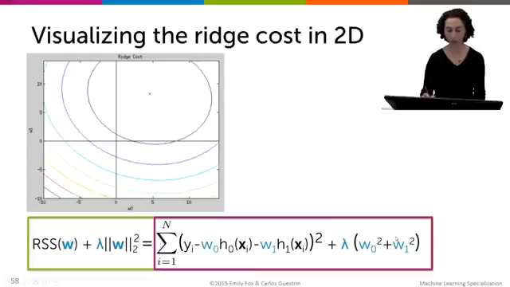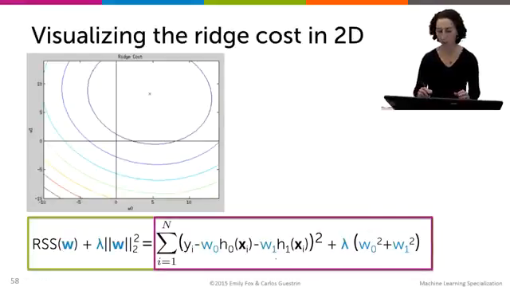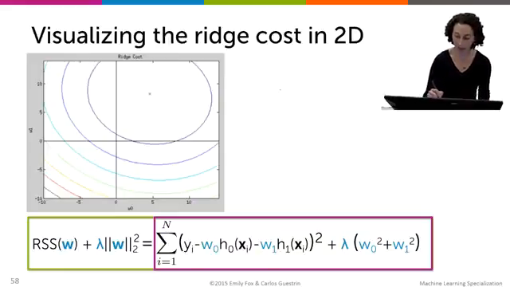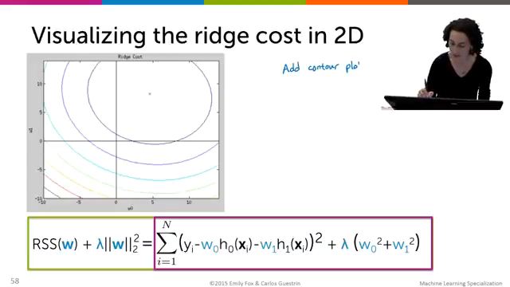For any specific value of lambda, we get some balance between this residual sum of squares and this 2 norm. And so what I'm going to do, in this movie, is add these two contour plots together, where I'm getting residual sum of squares of w plus lambda 2 norm of w.